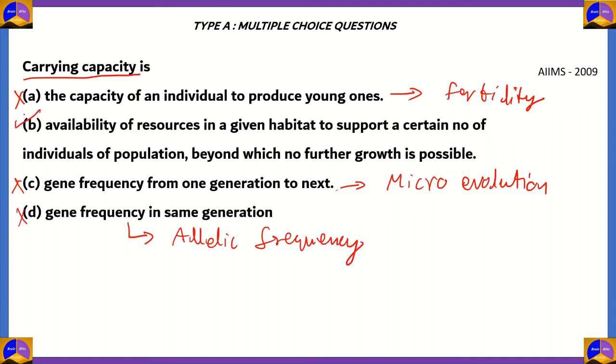The right option is option B, availability of resources in a given habitat to support a certain number of individuals or population beyond which no further growth is possible. So this is the correct definition for the phrase carrying capacity. Option B is the correct option.